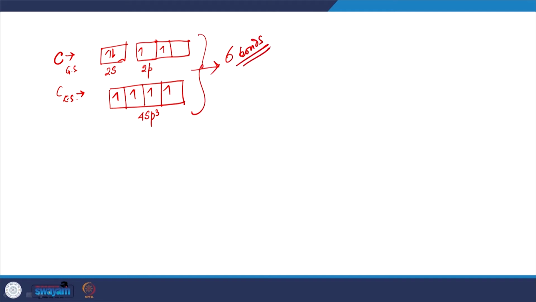But now we will consider the pi bond. So this is the sigma bond between carbon and oxygen, where they have the overlapping.